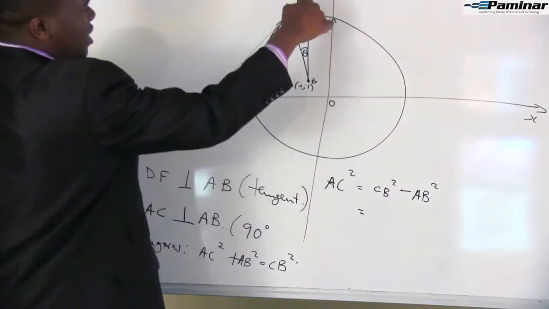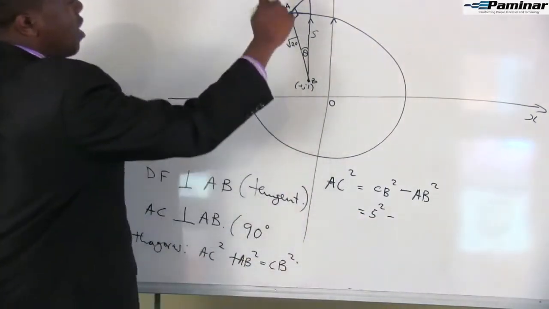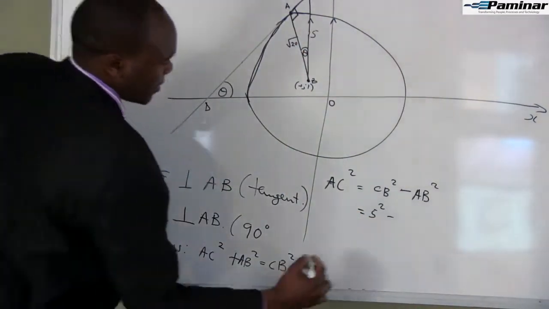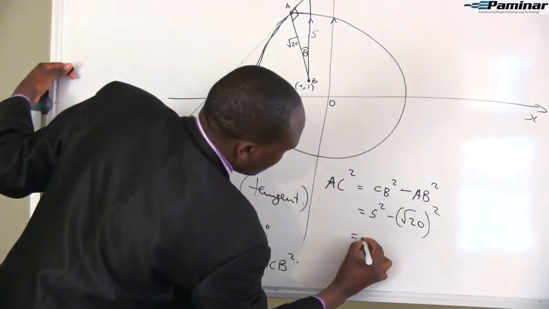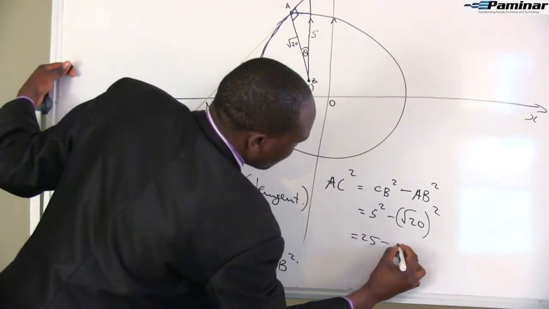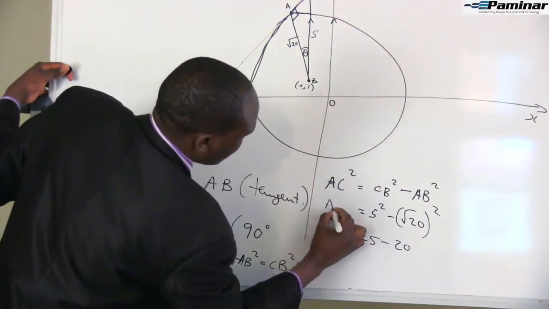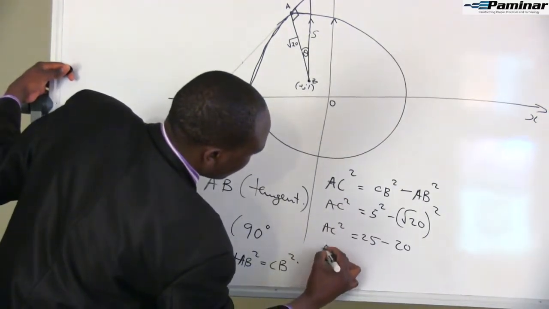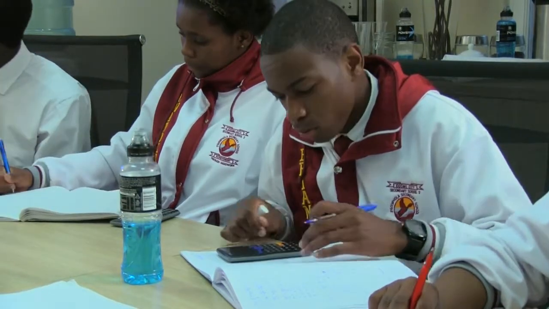Now, what is CB squared? 5 squared minus AB squared, root of 20 squared. 25 minus 20 is equal to 5.